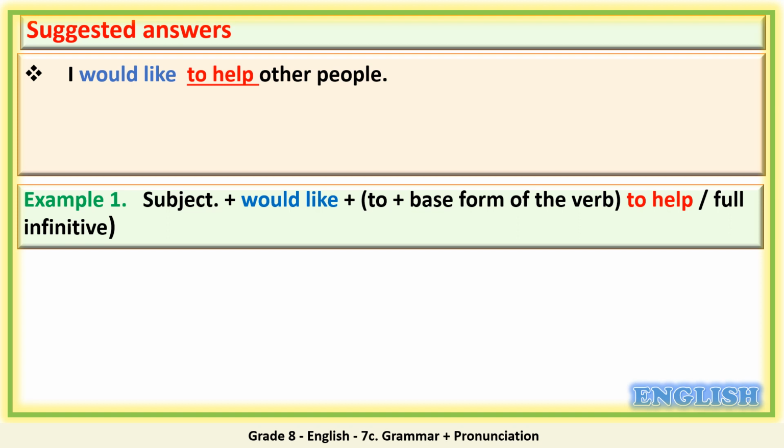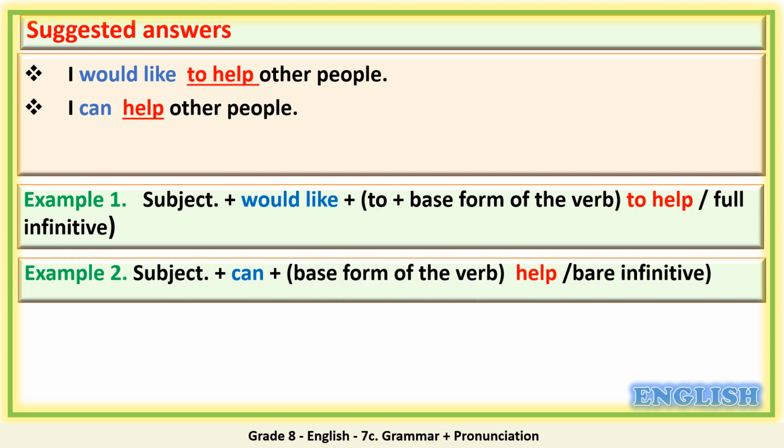As for sentence 2, I can help other people, this sentence starts with the subject I, followed by the modal verb can, which is followed by the base form of the verb help, and that is called bare infinitive, just as we studied this in the previous lesson as well.